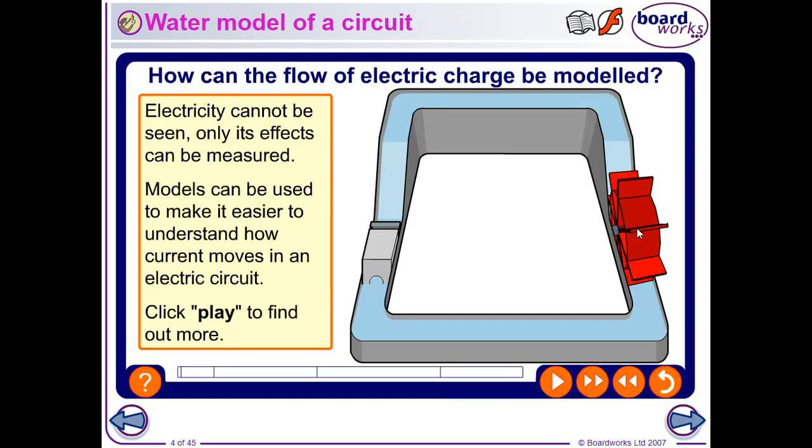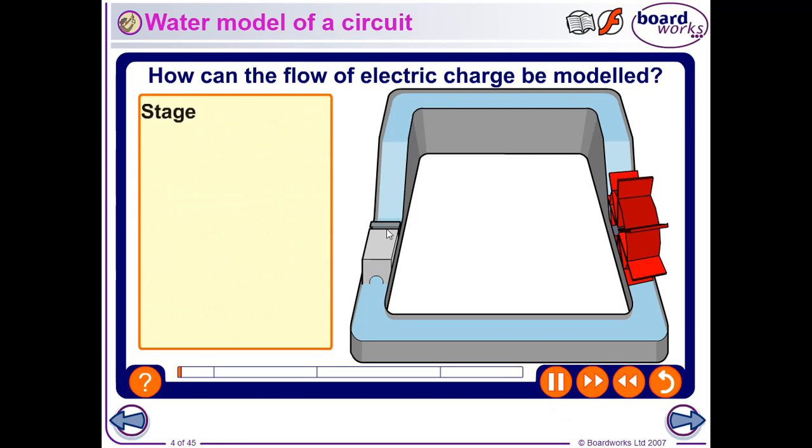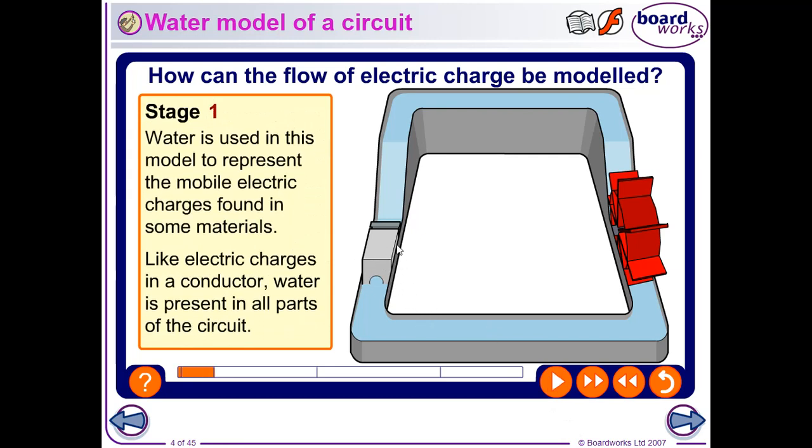So how can we make models of electric charge and the flow of charge in the circuit? Here what we have is water going around a circuit. Now, water would represent the electrons or the charge in the circuit, because electrons have charge.